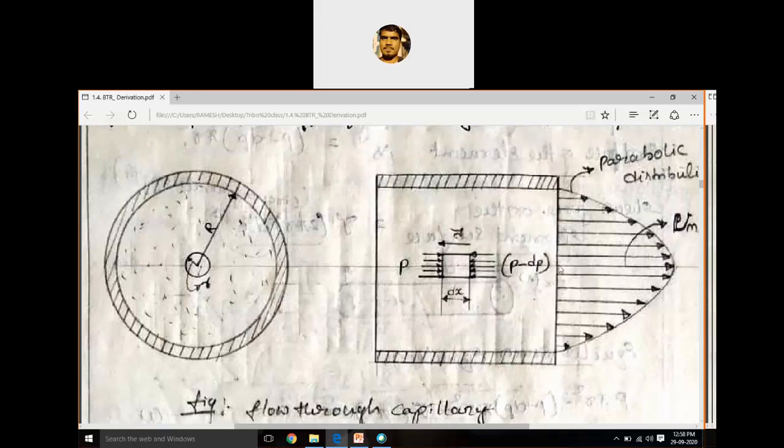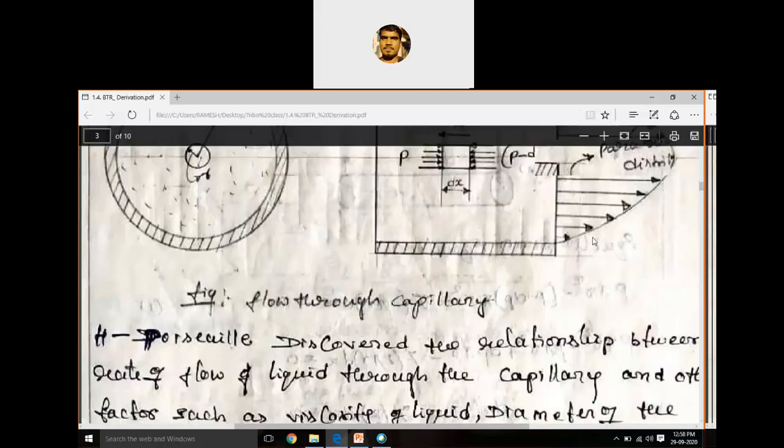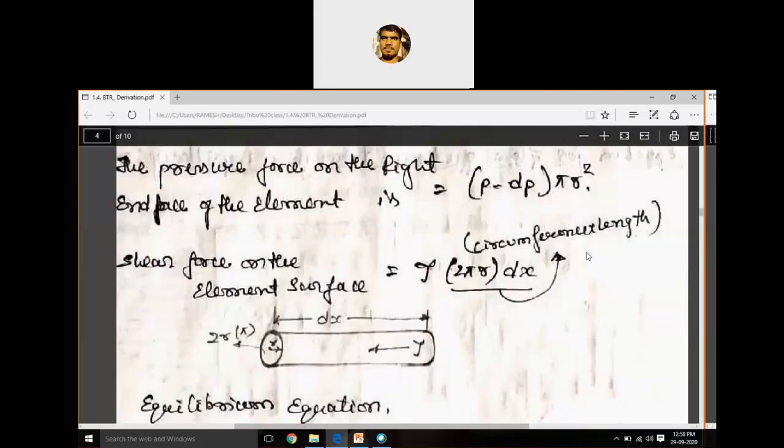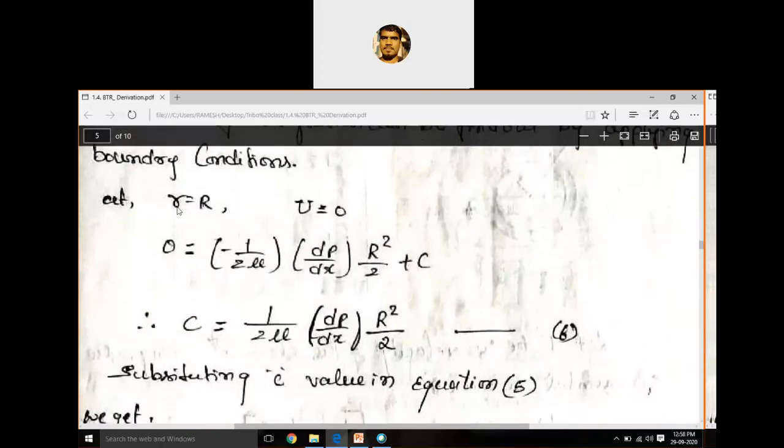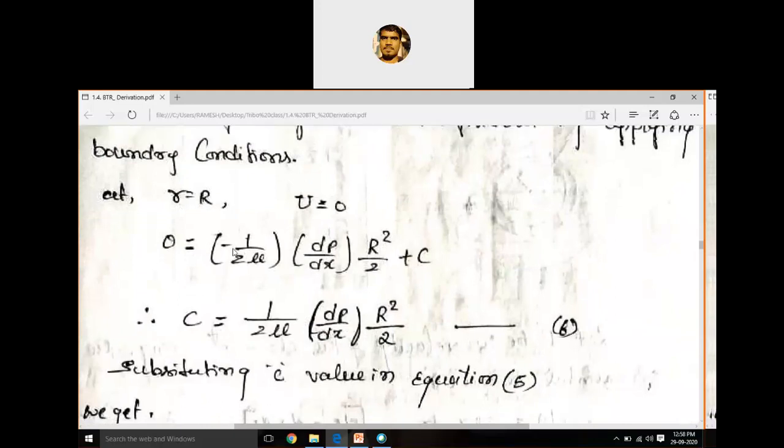Small r is equal to capital R, velocity is 0. The same boundary condition we have to use here. See, when small r is equal to capital R, velocity is 0, first boundary condition.